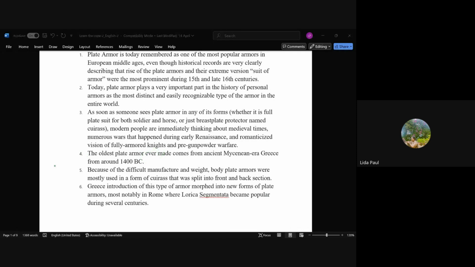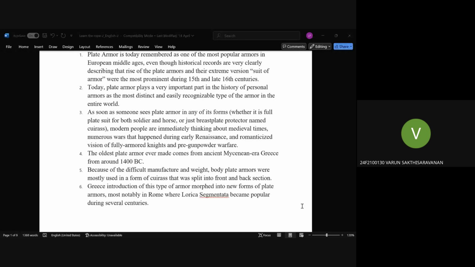Okay. Fifth one: because of the difficult manufacture and weight, body plate armors were mostly used in a form of cuirass that was split into front and back section. Ma'am, mostly. Yes, that's right. Mostly is one of the answers.